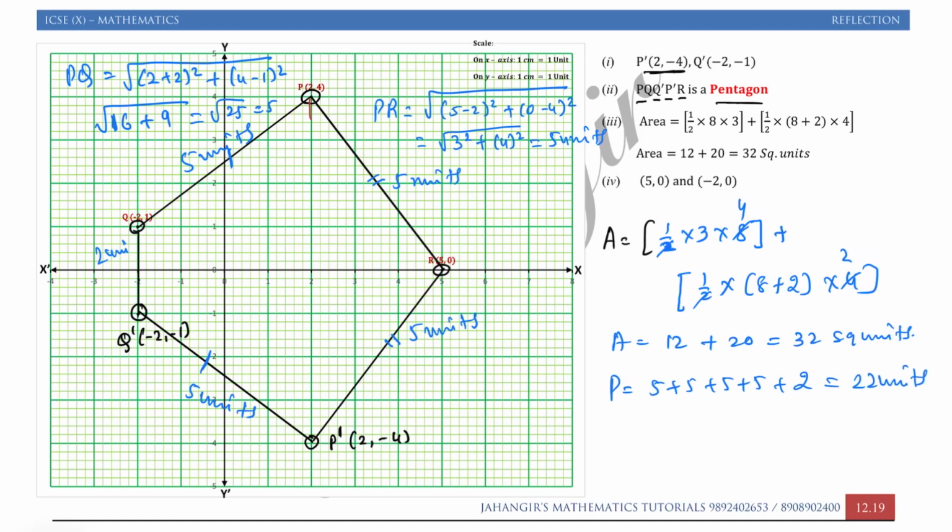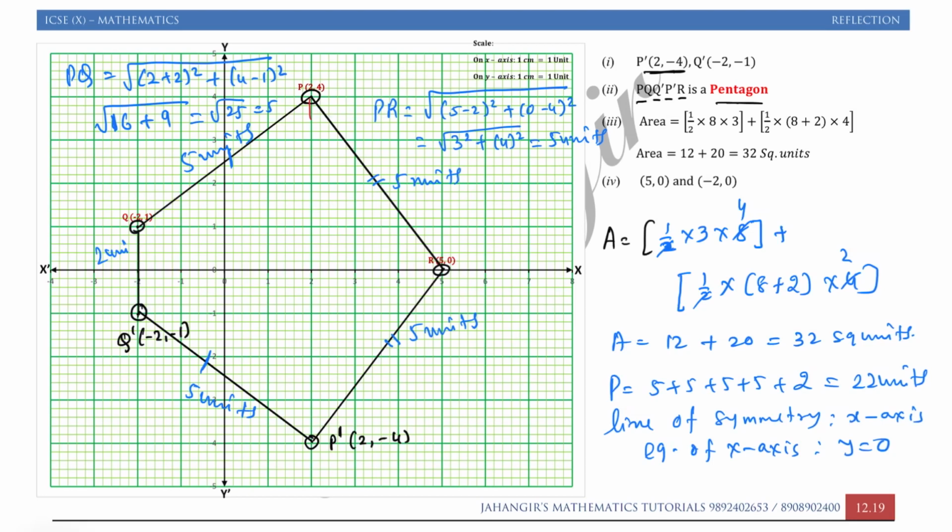And the line of symmetry, there is a line of symmetry, it is the x-axis. See, this is the line of symmetry, which is cutting the whole diagram into equal parts. The line of symmetry is the x-axis and the equation of the x-axis is y is equal to 0.